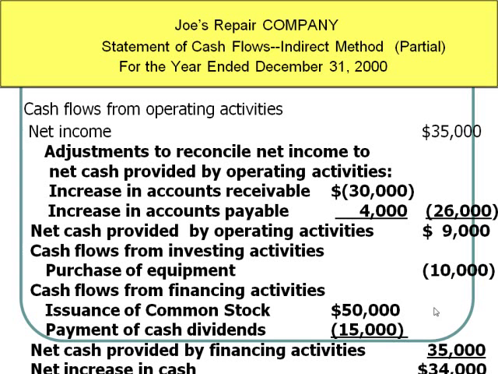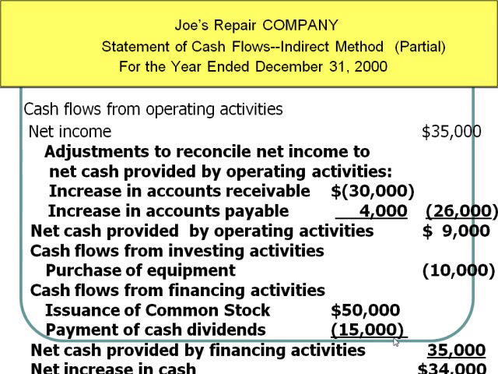However, you didn't need that information. You could have calculated it. You could have calculated the 15,000 by saying retained earnings was credited by 35,000 for net income, and we know the net change is 20,000. Therefore, they must have paid dividends of 15,000. So either way, you could calculate that 15,000 or you could get it given to you in the additional information.